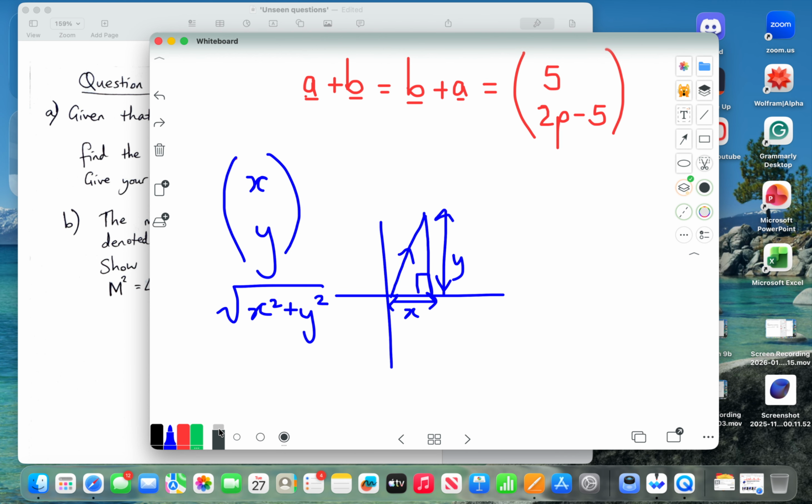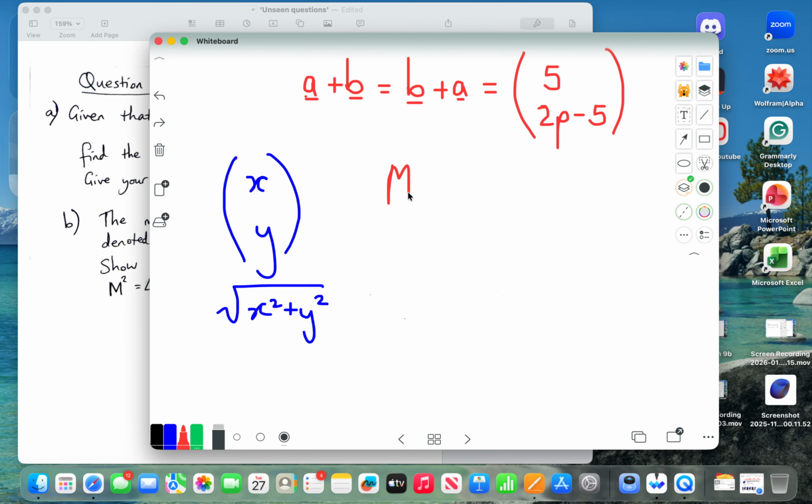So we can use this to help us. So we denote the magnitude as m, but we can also write it as b plus a.